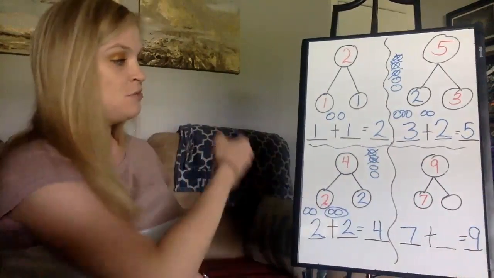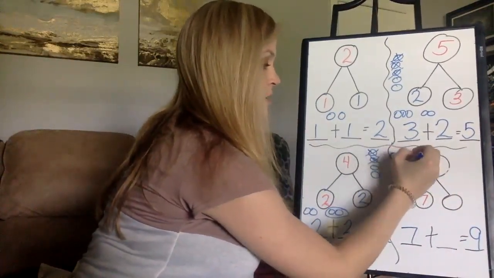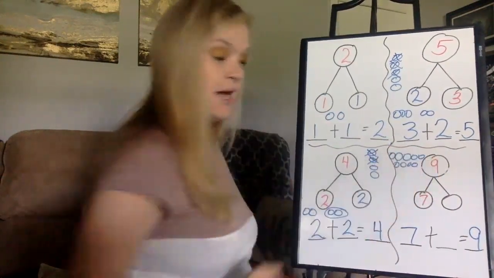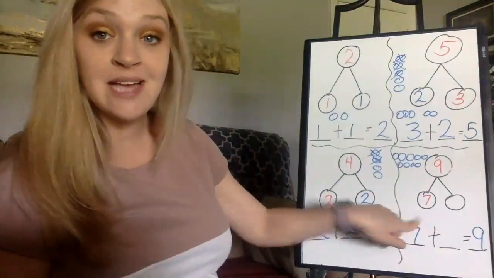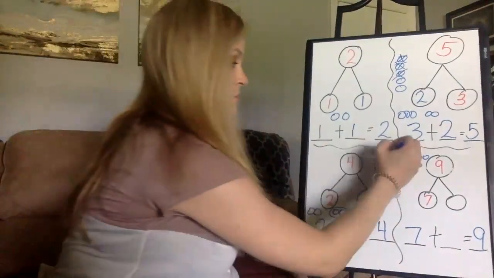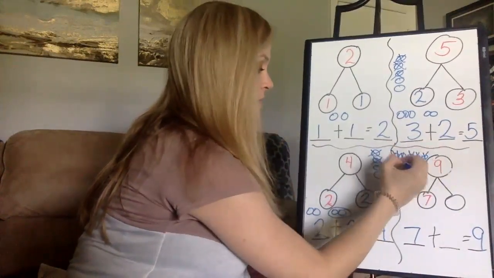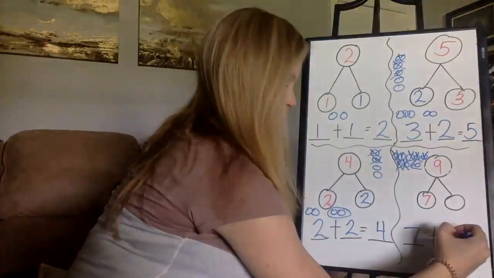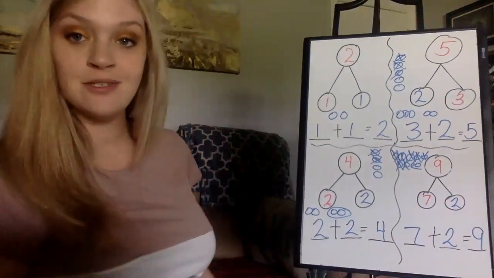I can draw my 9 circles. 1, 2, 3, 4, 5, 6, 7, 8, 9. We already know we're doing 7, so I can mark out 7. How many are left? 2. So 7 plus 2 equals 9.